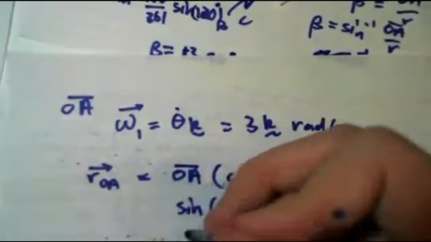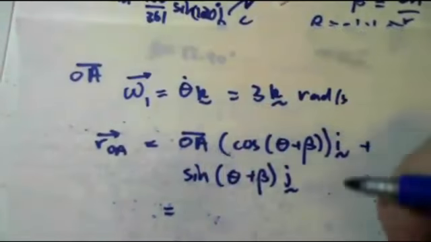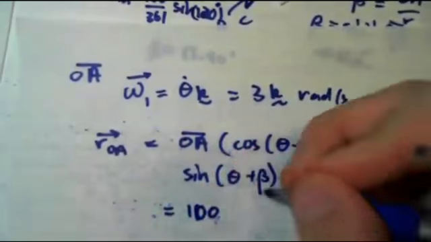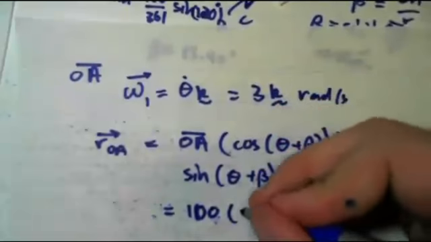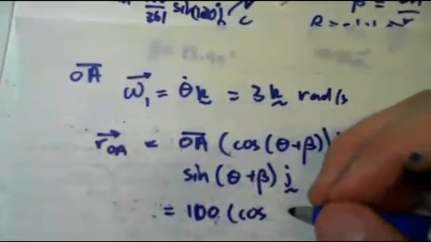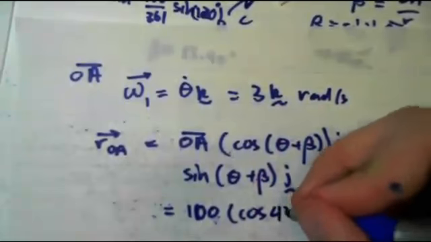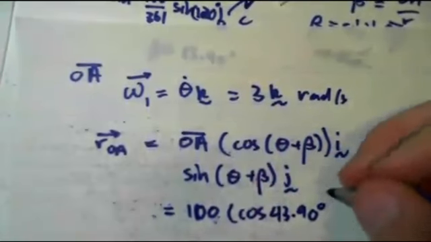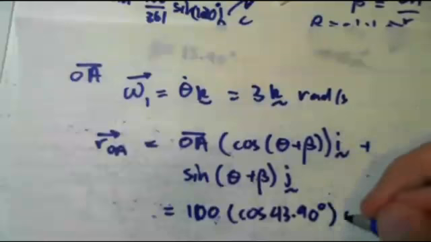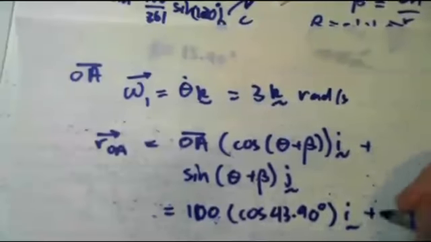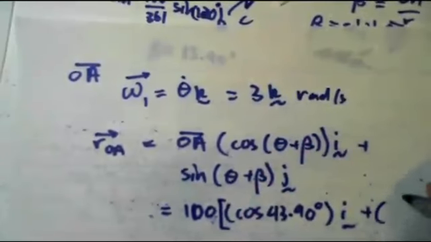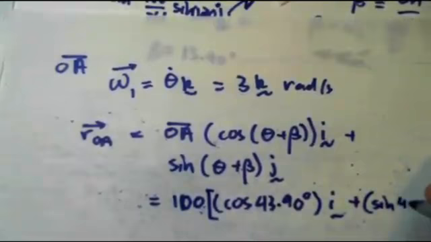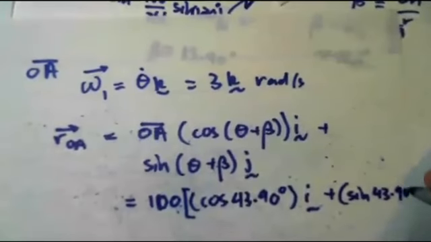We know what our beta was, we've already found beta, so that's equal to the magnitude of OA, 100 millimeters, multiplied by cosine 30 plus 13.9, which is 43.90 degrees in the i direction, plus the sine of 43.9 degrees in the j direction.